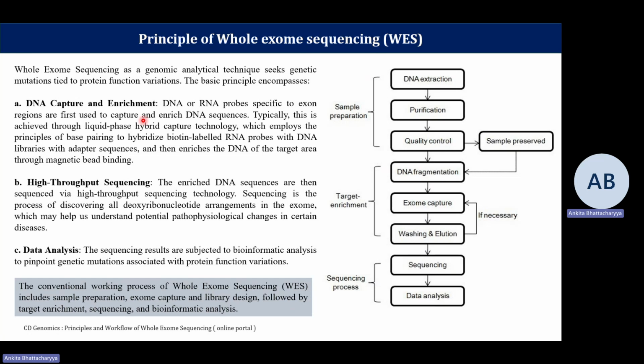What are they? First is DNA capture and enrichment. DNA or RNA probes, which are specific to exon regions, are used to capture and enrich for those DNA sequences. Don't worry, we'll discuss all of this in more detail.